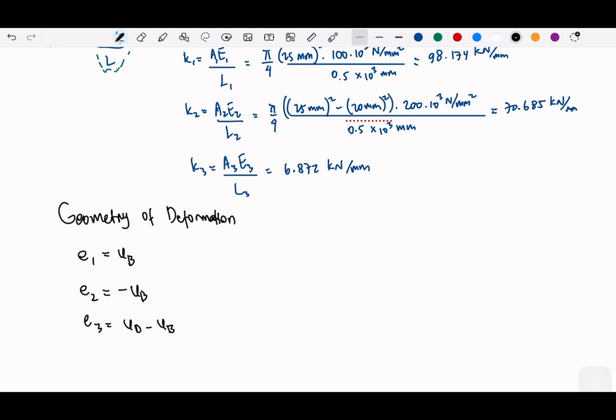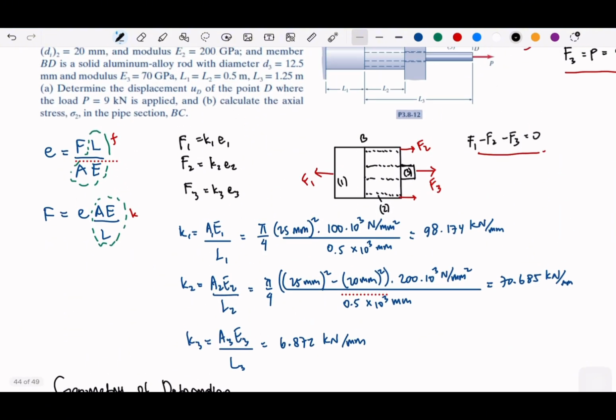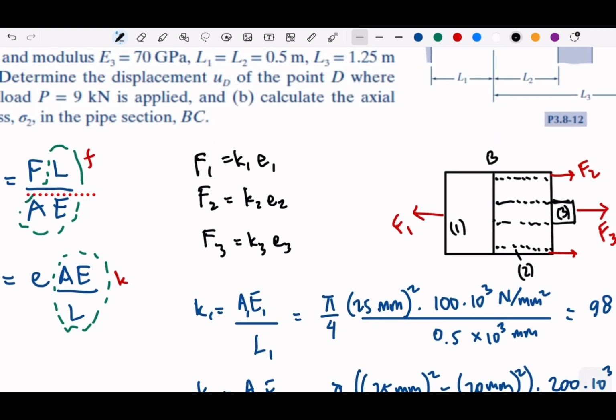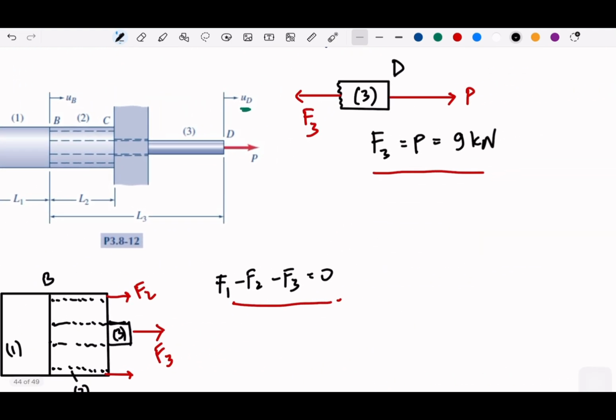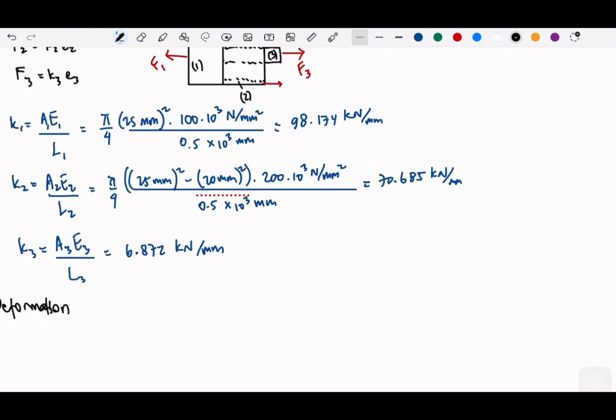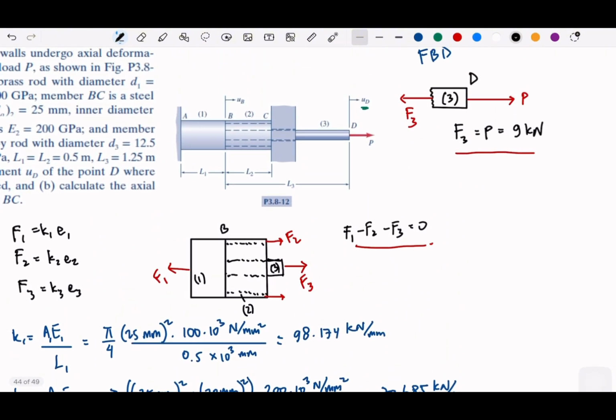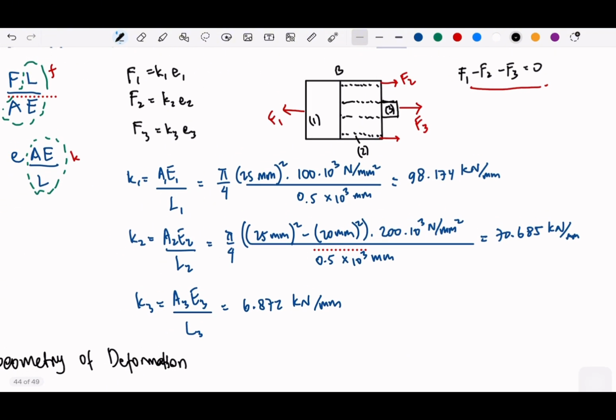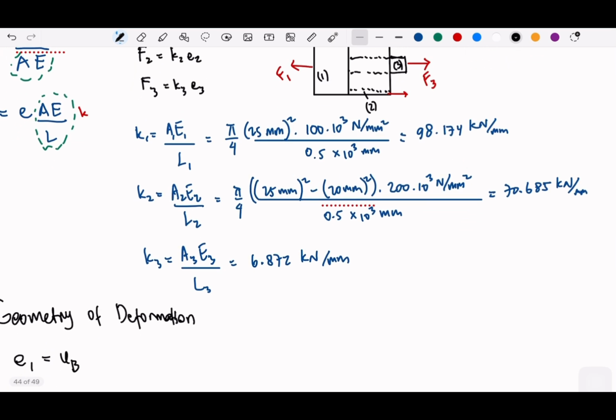And then from all of this geometrical deformation, we can combine this E with our F1 formulations, and F1 can take equilibrium with the first equation here. So then we can start taking all of the elongations.